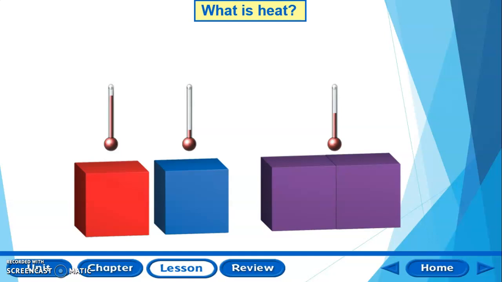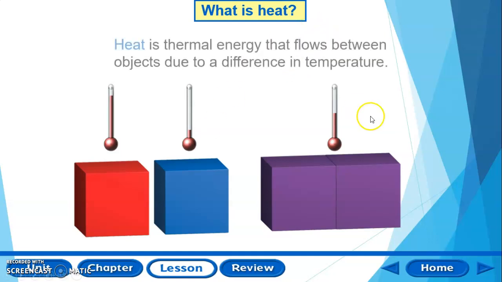So your tongue is colder than the drink, so heat flows from the drink into your tongue. Okay, so here I wanted to copy that question and the definition, what is heat? And we have here that heat is the thermal energy that flows between objects due to a difference in temperature.